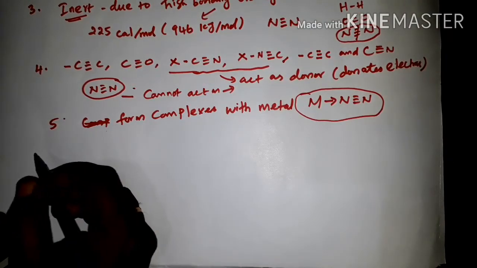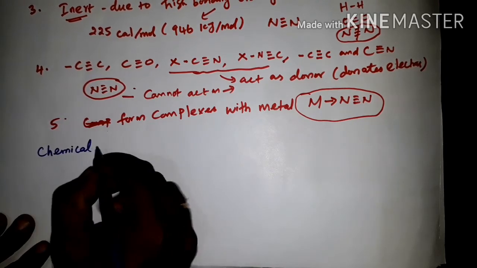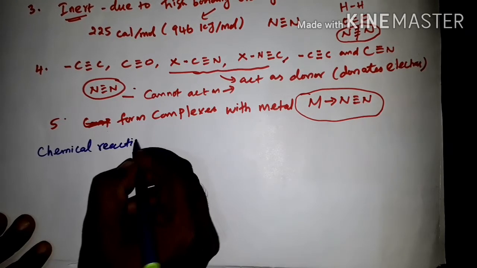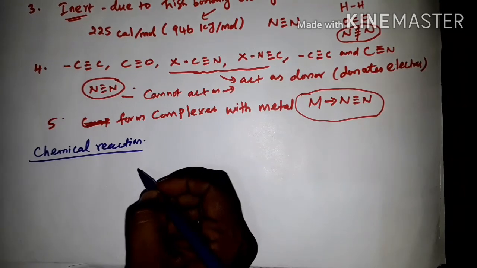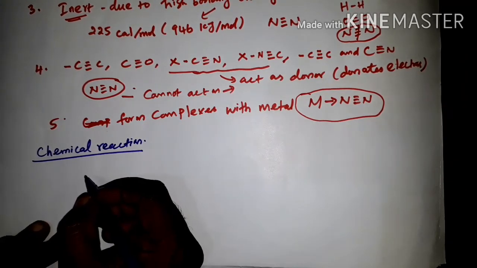Next property: chemical reaction. The reaction of nitrogen is very simple.